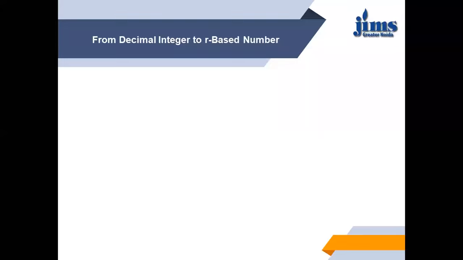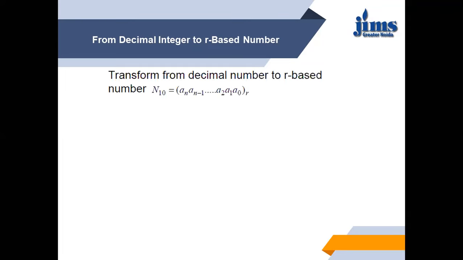Now, to convert from any base r to decimal, you just have to expand the number, multiplying by its base and position. When we have to convert a decimal number into any base r, what's the problem? Suppose we have a decimal number n of base 10, and we have to find the coefficients in base r.